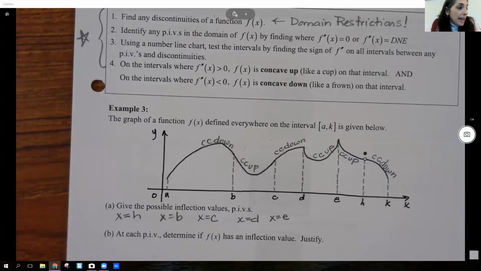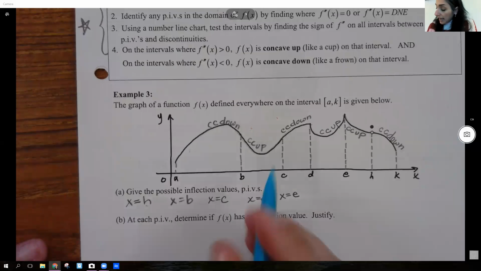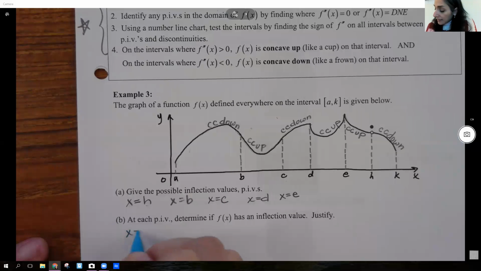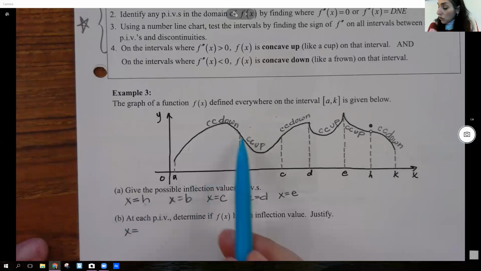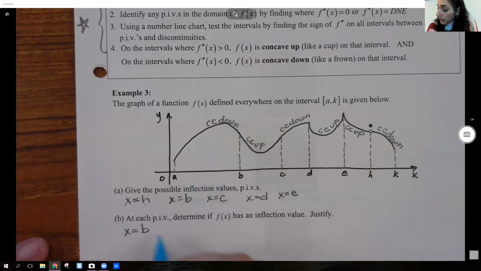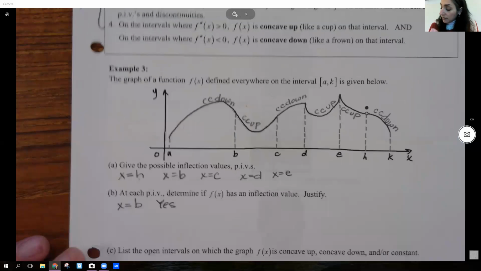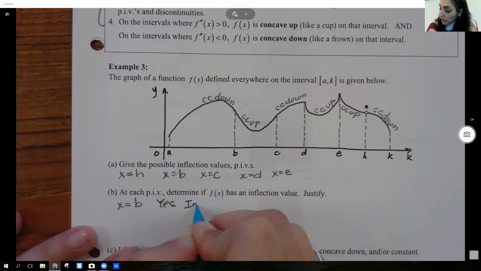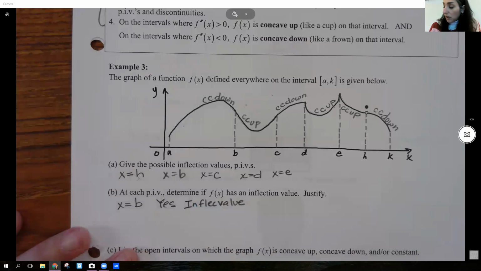Now, letter B is asking you to determine which ones are inflection values. So it's the points where the concavity changes. So at x equals B, you're going to say yes, inflection value.